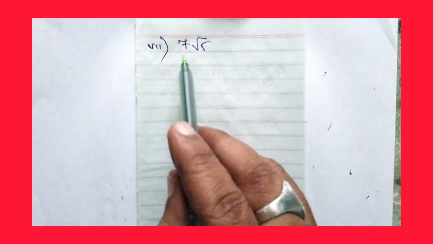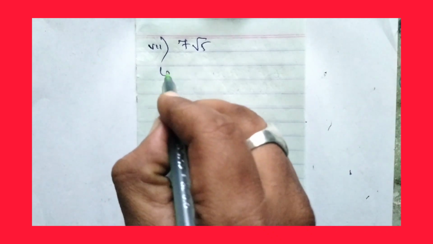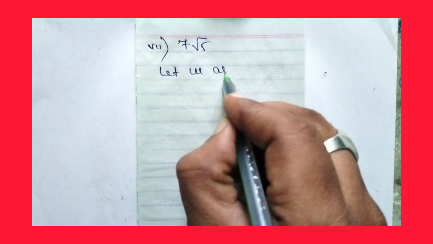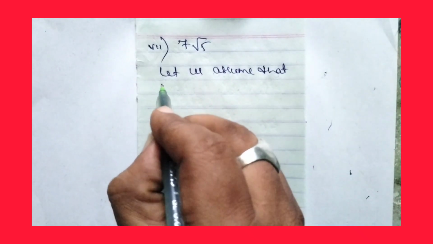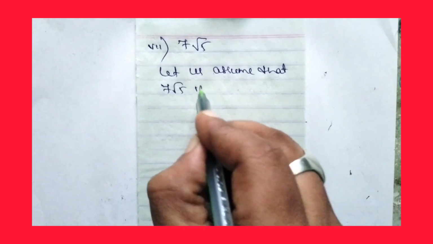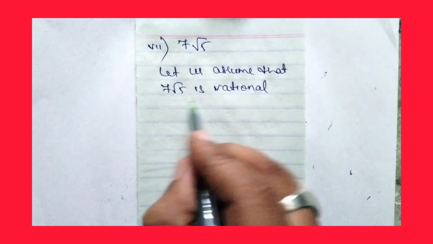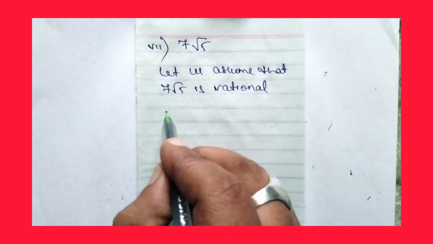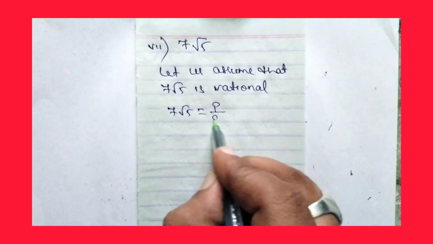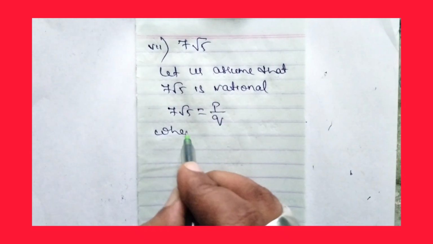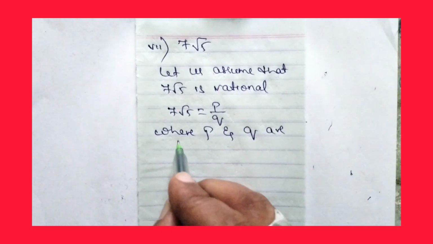Now let us show that 7 root 5 is irrational. Let us assume that 7 root 5 is rational. If 7 root 5 is rational, then 7 root 5 is equal to P by Q, where P and Q are coprime.